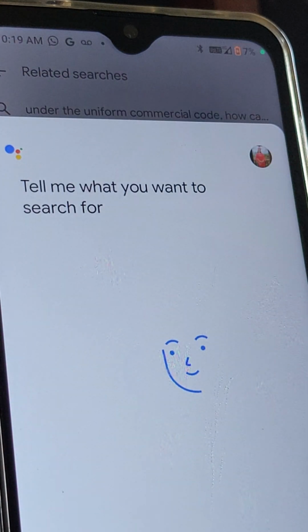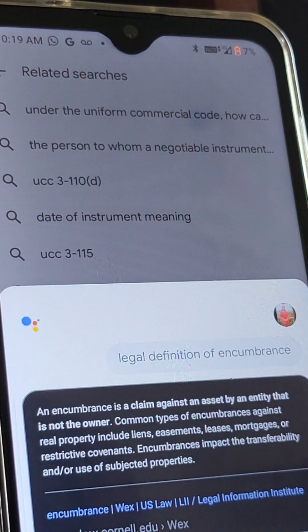Legal definition of encumbrance. According to Cornell University's law school, an encumbrance is a claim against an asset by an entity that is not the owner. Common types of encumbrances against real property include liens, easements, leases, mortgages, or restrictive covenants. Encumbrances impact the transferability and or use of the subjected property.